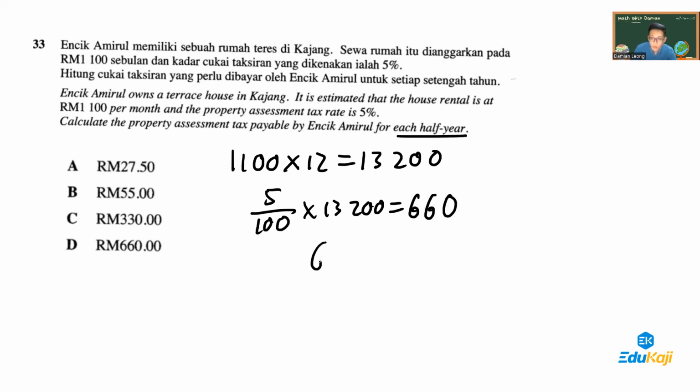Means I have to divide by 2. Then I will get 330. So answer is C. Okay, it's for each half a year instead of each year. So it's split into 2 because the tax rate is for the whole year.